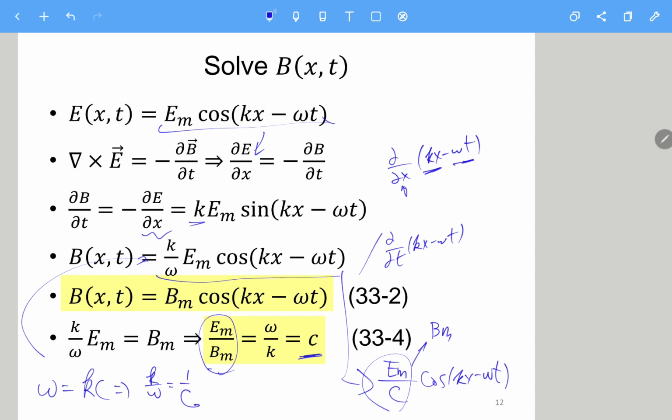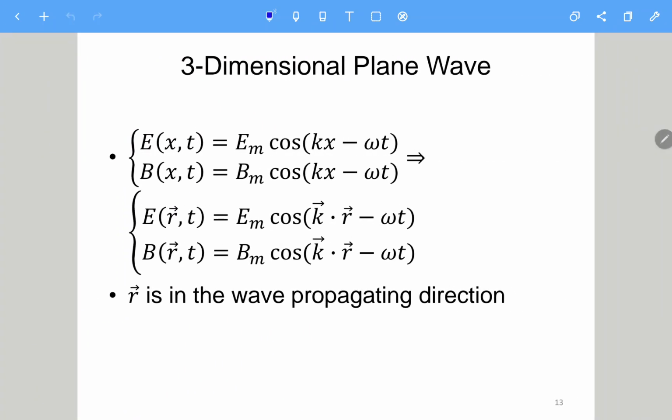Okay, so in this case, we have the solution. This is for the one-dimensional wave equation. But originally, it should be a three-dimensional wave equation.